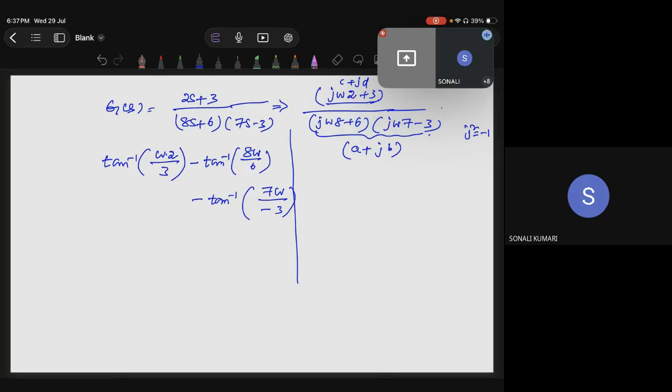Yes, sir. Okay. And you have to be very careful when you get this minus term inside. What do you mean by minus here? You remember the rule, all silver teacups.